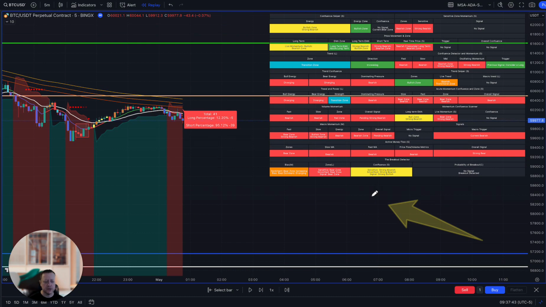And breakout bars. Breakout bars are a derivative of this box. So I just want everybody to know, when breakout bars turn yellow or orange, in the case of bullish pressure, it's because this is either above 75% or it's above 85%.